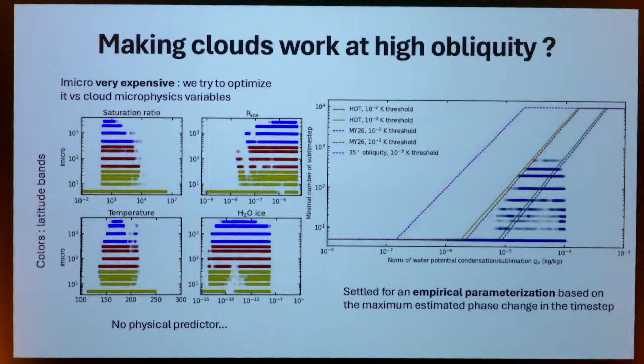So in the end, we settled for an empirical parameterization, maximizing the number of subtime steps in a grid cell with the overview of what would be the phase change in this cell, in order to try and get really the optimized coupling of cloud microphysics with the rest of the climate system.